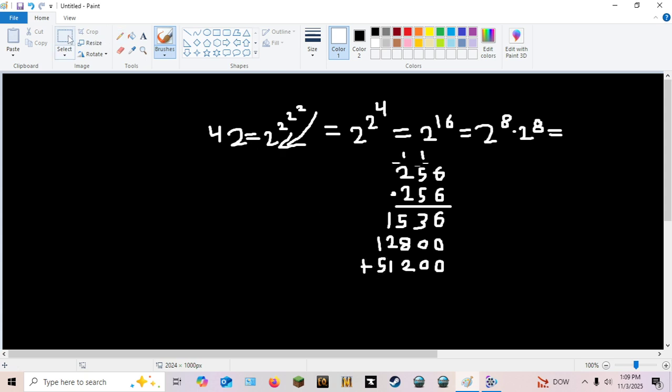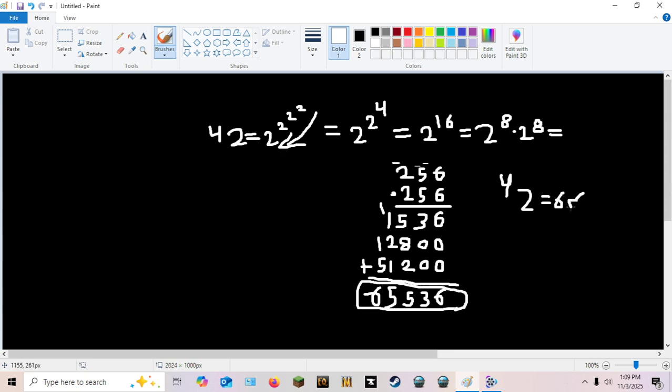Now we're going to add. 6 over here. 3 over here. 5 plus 8 is 13 plus 2, which is 15. 2 plus 2 is 4 plus 1 is 5. 1 plus 5 is 6. So, 2 tetrated to 4 equals 65,536. That's the correct answer.